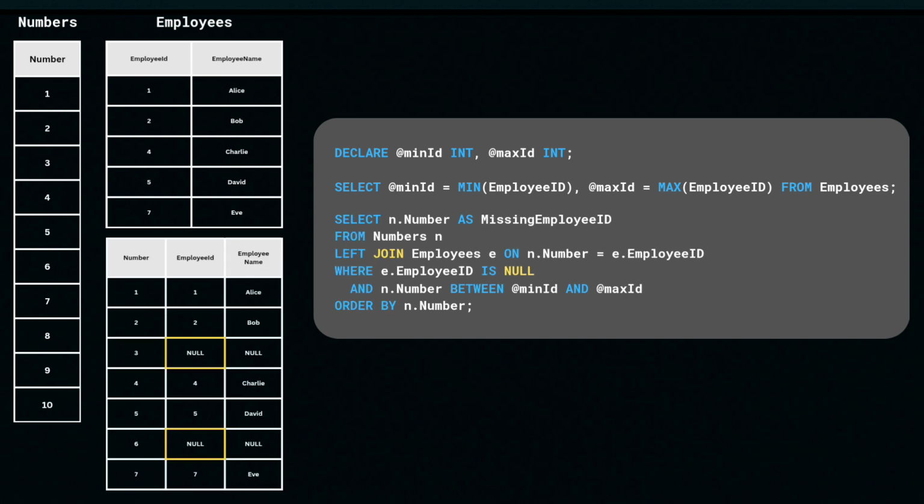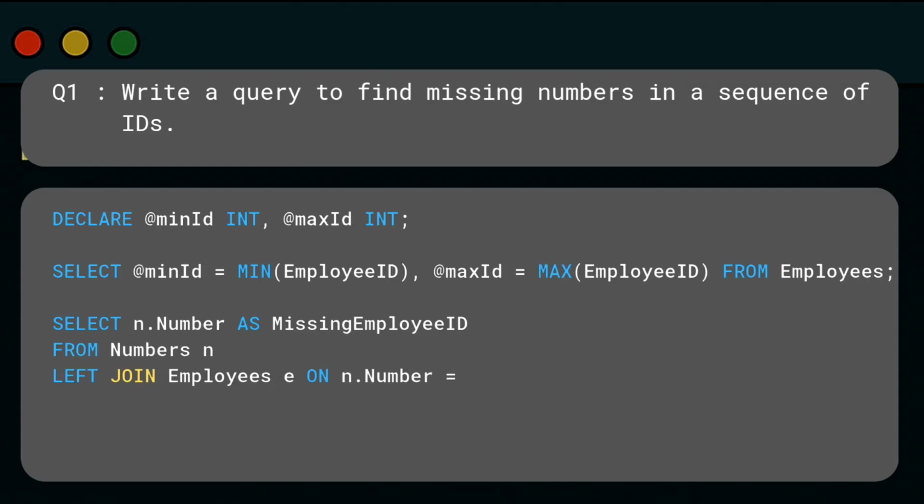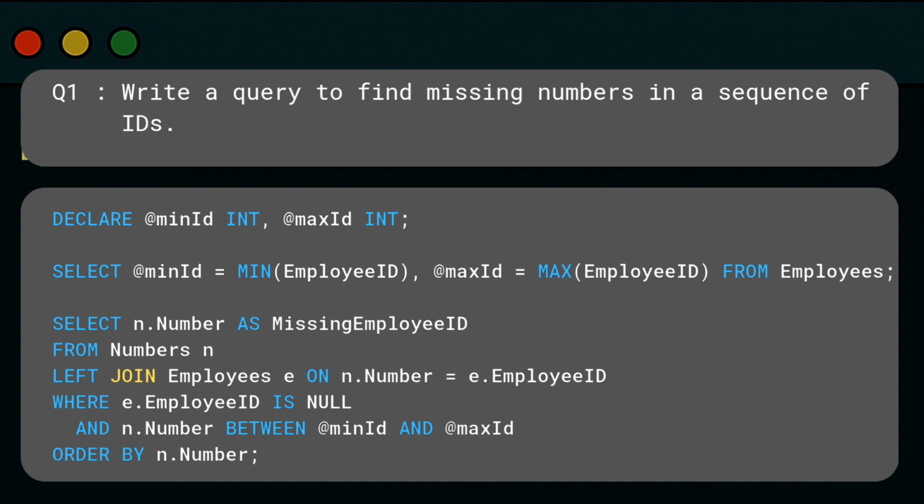Left join will get all the sequential IDs from the numbers table and put a null for the employee table where a particular number is missing there. We will fetch those IDs from the numbers table where the employee table gets a null value. These are the missing employee numbers. Here is the query. You can take a screenshot for your notes.